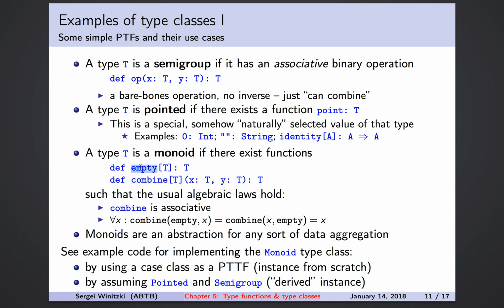While the names of the functions are completely immaterial, of course, you can rename all you want. The types are important. So types are the same. And so Monoid is basically semigroup combined with pointed. And we can write code exactly saying that and save us the trouble of implementing everything from scratch. So now we'll see how that works.